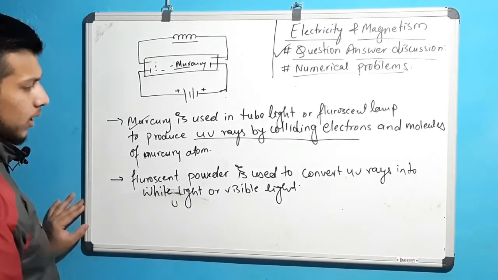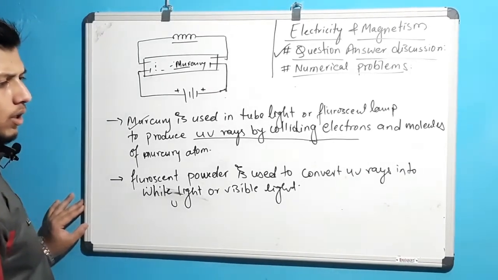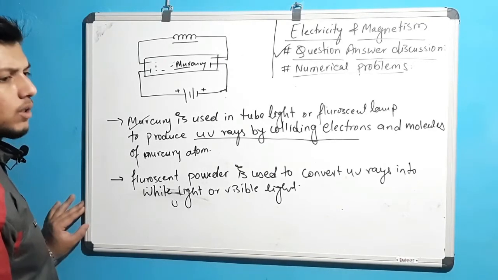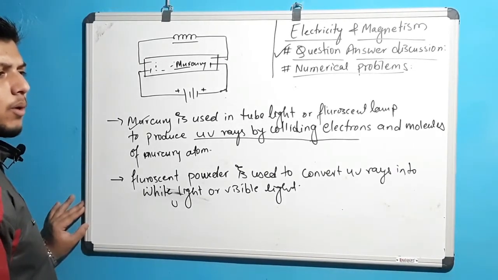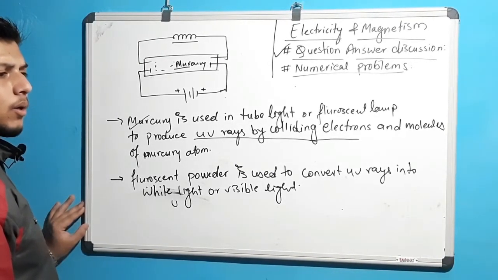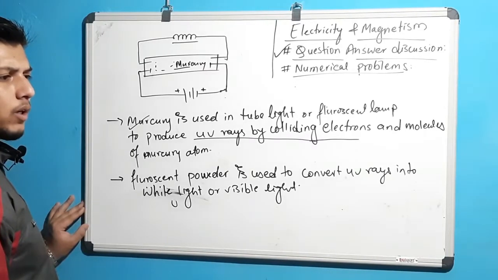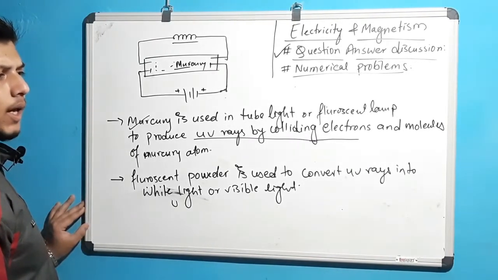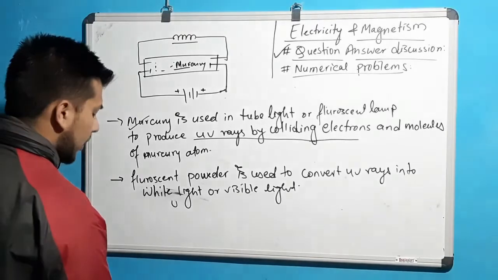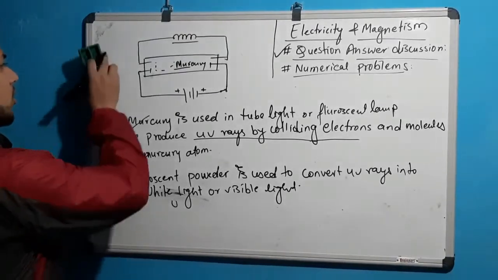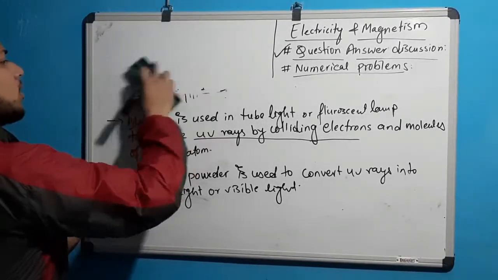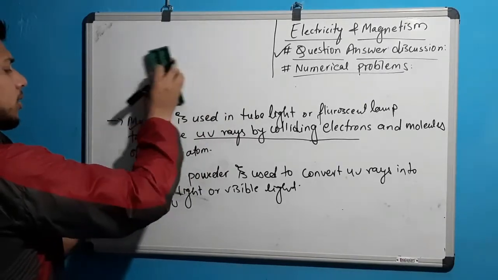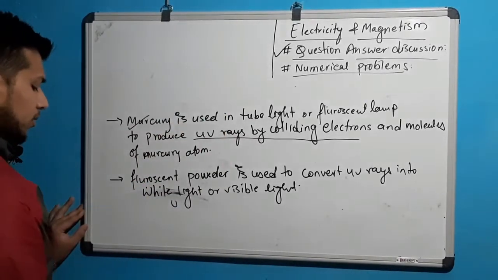Our next question is, what is electromagnet? Electromagnet is a magnet where magnetic property develops on the current carrying conductor. If magnetic property develops on a conductor through which current is passed, this is electromagnet.